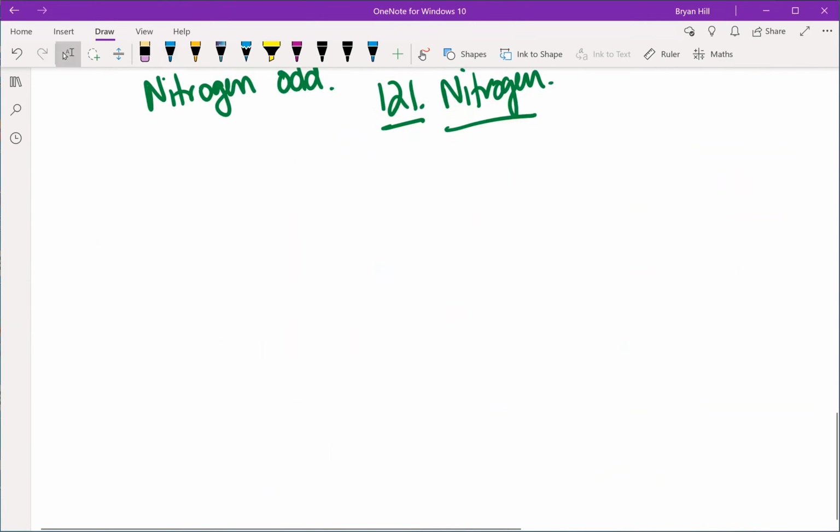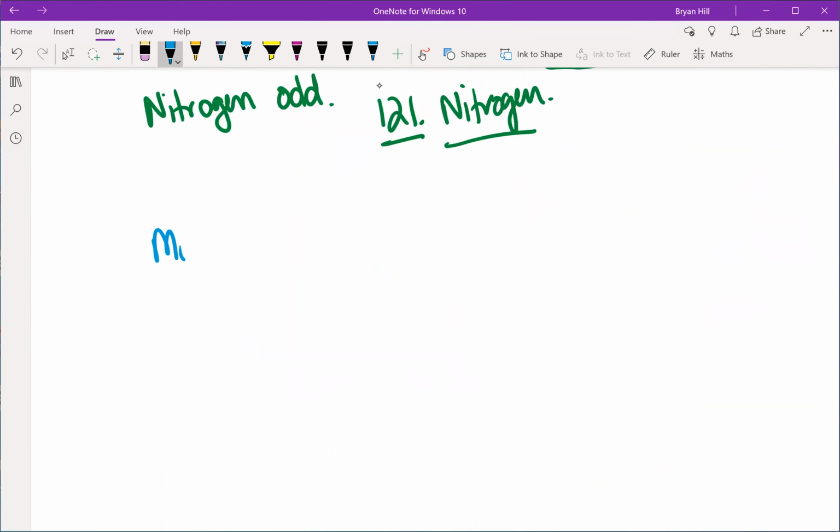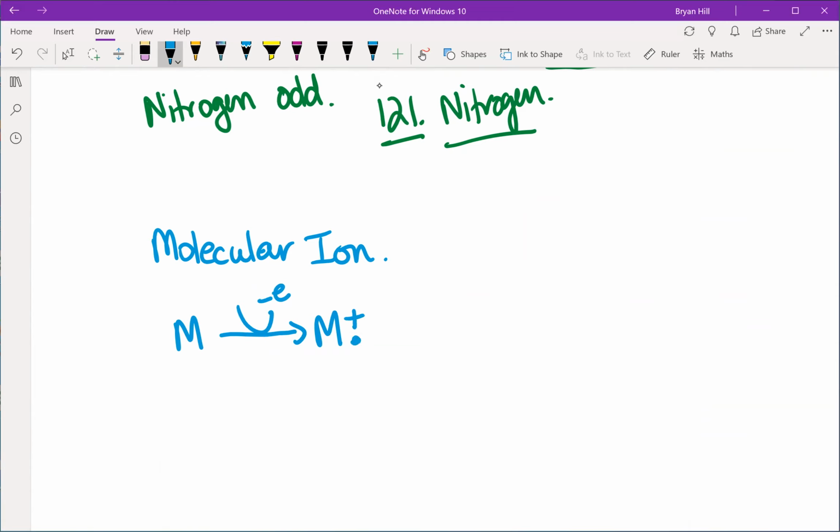So your molecular ion gets charged, so you lose an electron, and then this molecular ion can break apart in a couple of different ways.